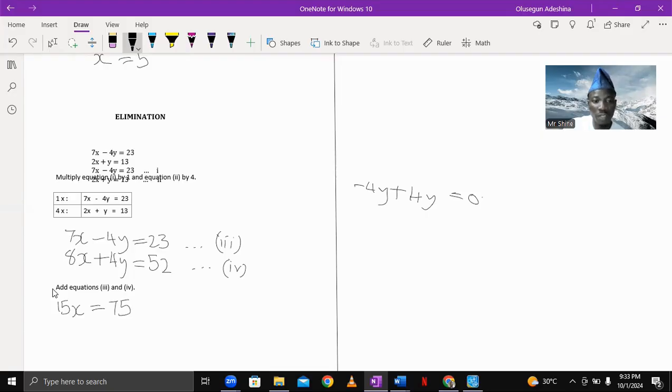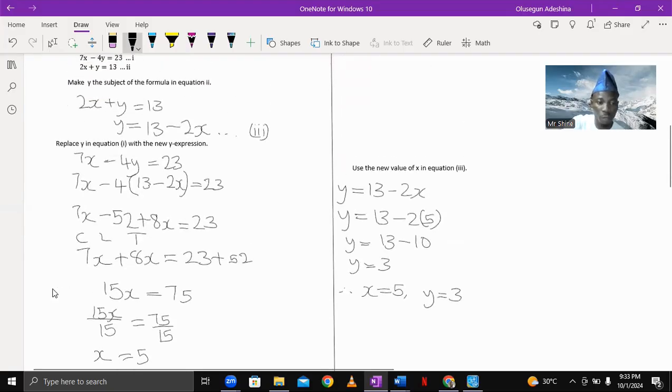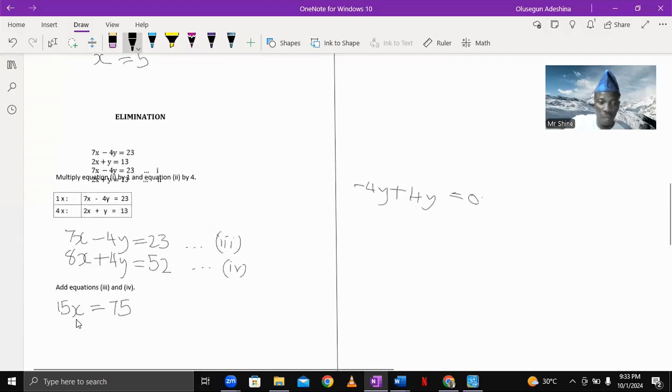So 15x equals 75. When we get to this stage in solving an equation, the next thing is to divide both sides by the coefficient of x, as we did earlier up here. So we are doing the same thing right now. Divide both sides by the coefficient of x, which is 15.